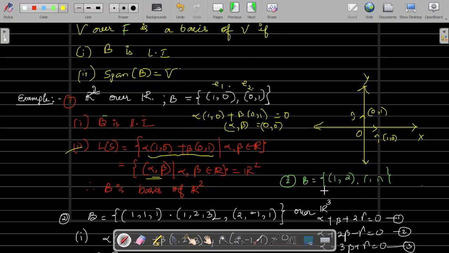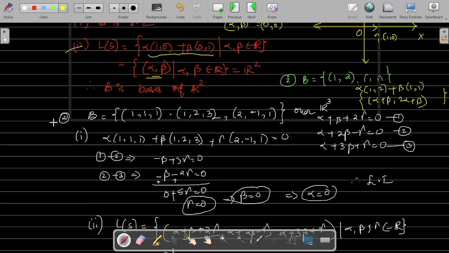That is because if you have a set of two linearly independent vectors of R square, then it always spans the given vector space R square. Or else you can write alpha into (1, 2) plus beta into (1, 1), which gives (alpha plus beta, 2 alpha plus beta). These are the set of all vectors of this form. So definitely it covers the entire plane R square. Hence it's also a basis of the given space R square.